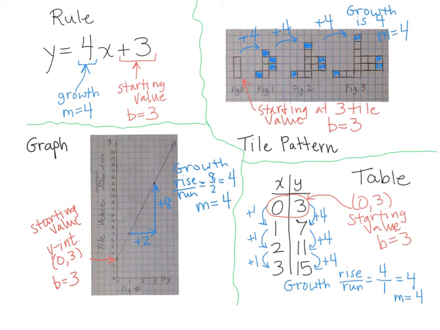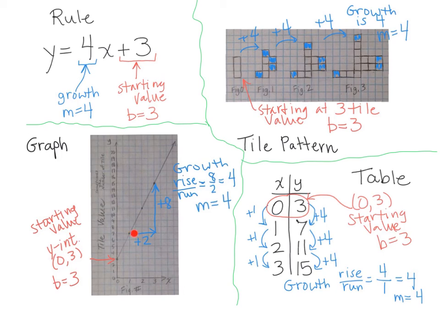So this is the final product. It shows for each of the representations, rule, graph, tile pattern, and table, how I would see growth and starting value. I did growth in blue, so I look here at the coefficient of x to find my growth. I look at how many tiles are being added each time, and I've colored them in, and I've indicated that my growth is equal to 4.